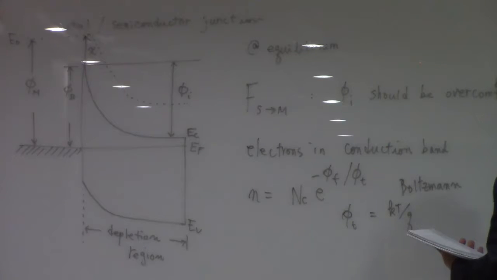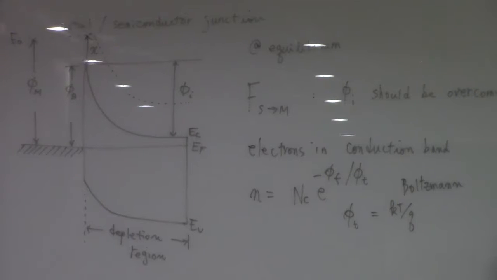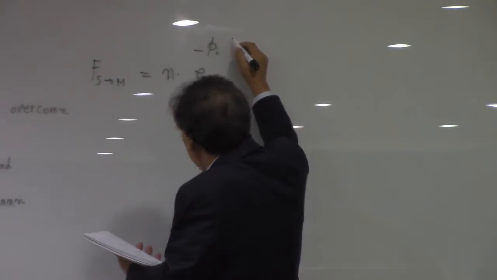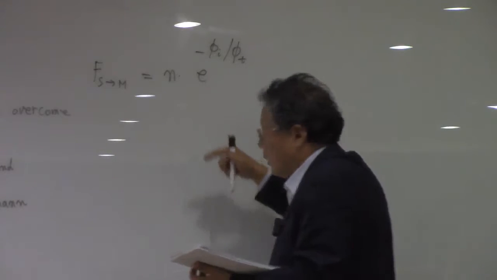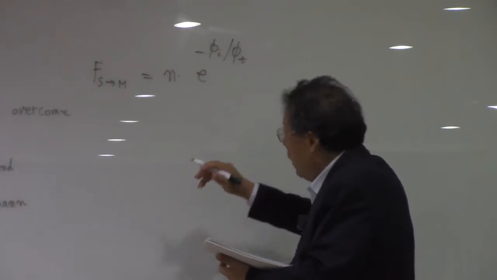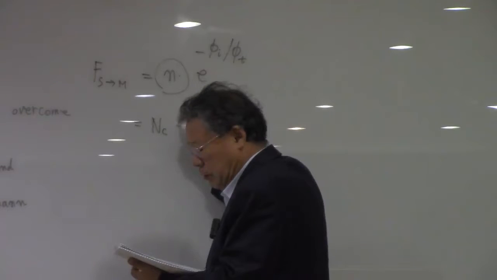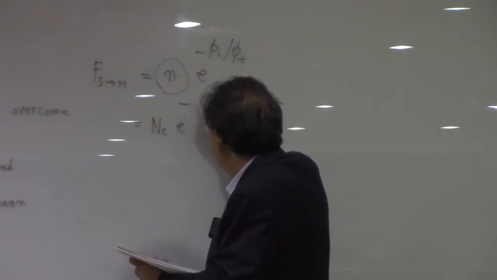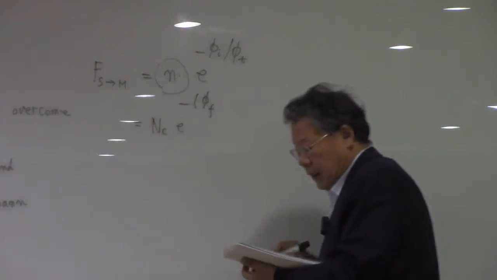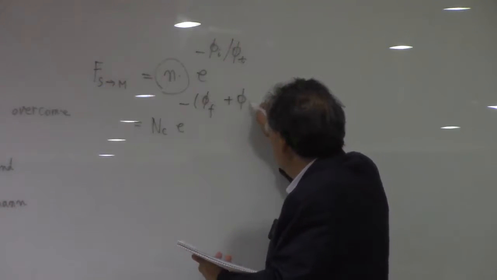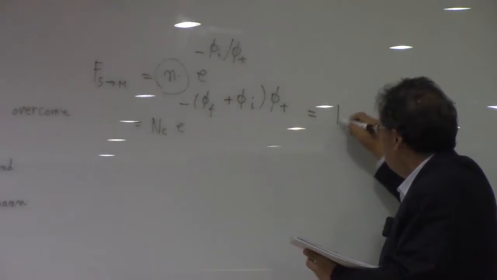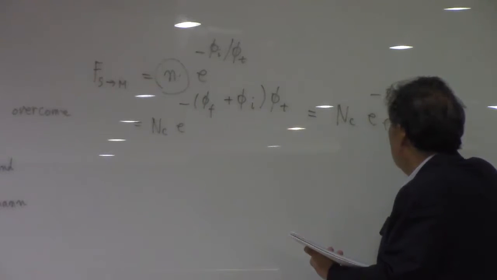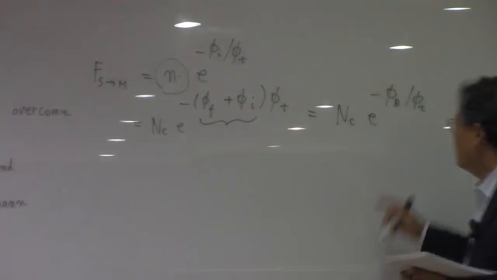So the flux of electrons from the semiconductor to metal is going to be n times the number of electrons available, n e to the phi I over phi T, which is Boltzmann statistics, overcoming the activation energy phi I. So this is the flux from semiconductor to metal, and we know this n corresponds to Nc e to the minus phi F. So if you multiply that with the Boltzmann statistics, you end up with Nc e to the minus phi B over phi T. This phi B is nothing but the barrier height.